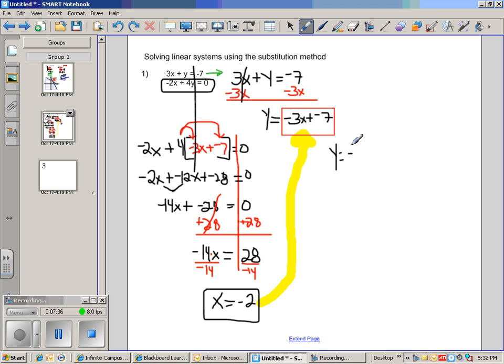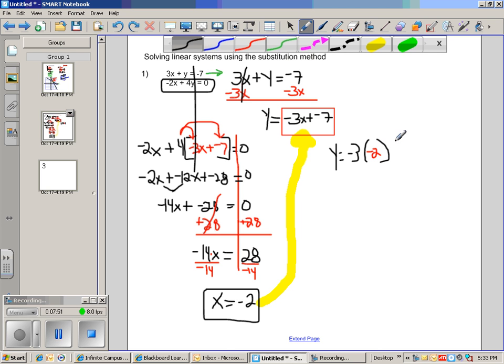So take the negative 3x, but instead of x, we know that x is negative 2. So I'm going to replace x with negative 2, and then we still have the plus negative 7.